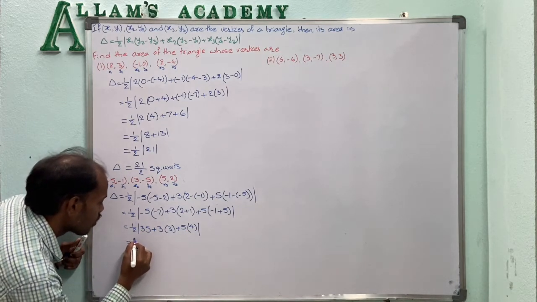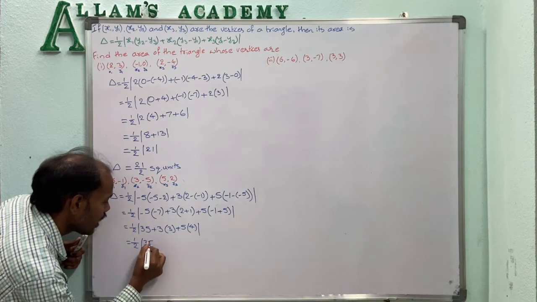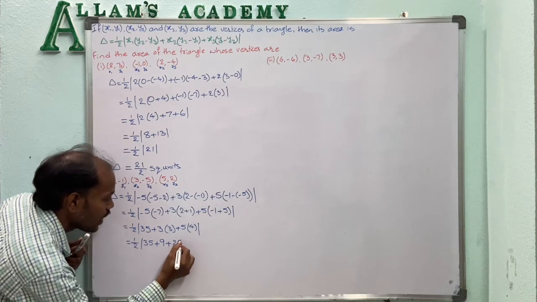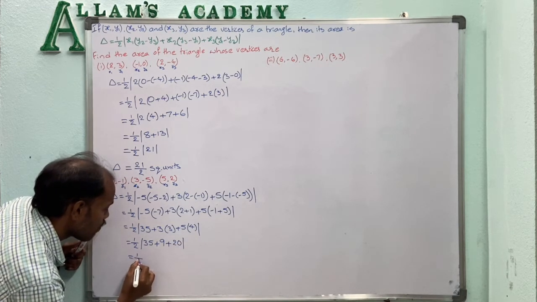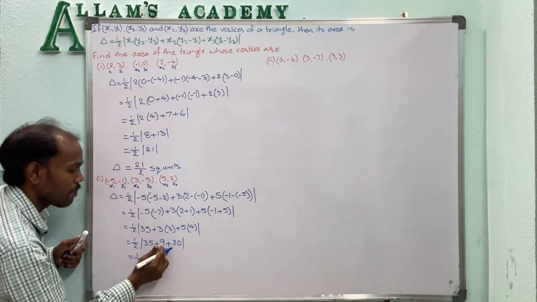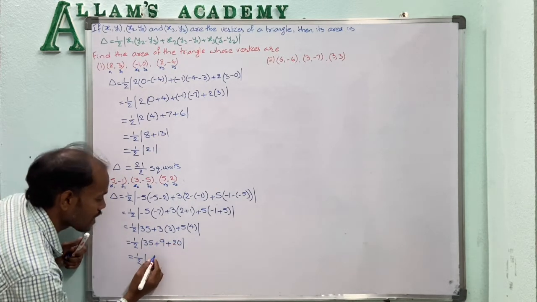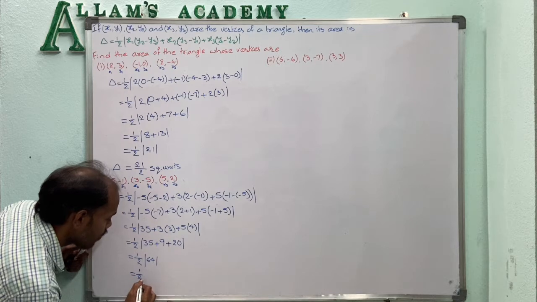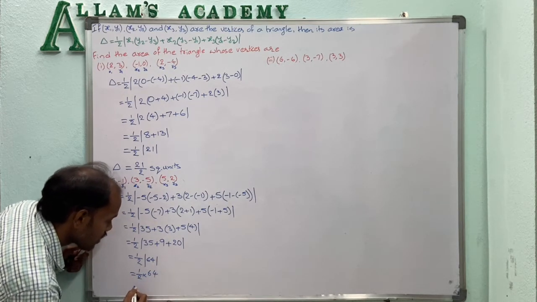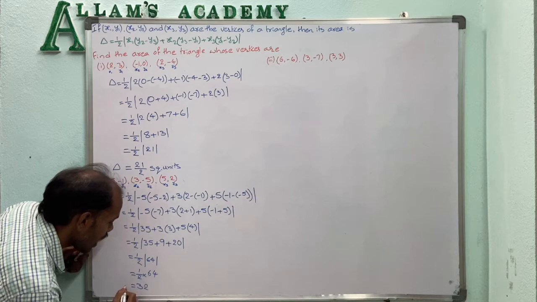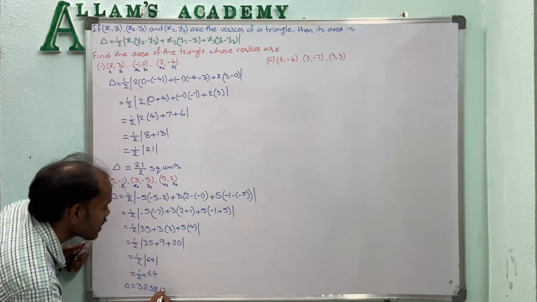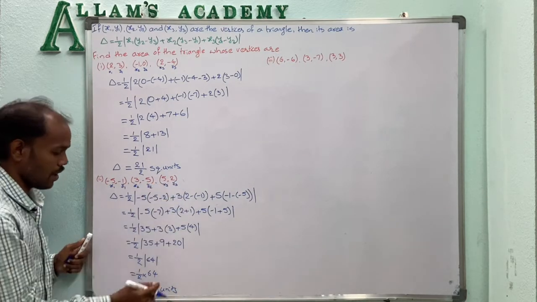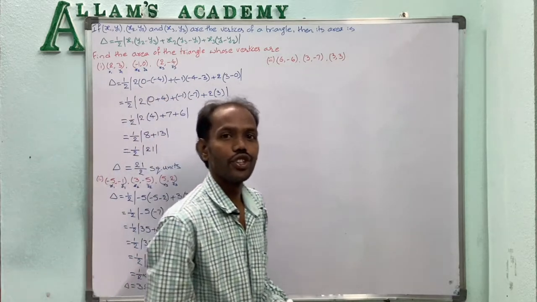So that is half mod 35 plus 3 threes are 9 plus 5 fours are 20. 35 plus 9 is 44, 44 plus 20 is 64. Half mod 64 is half into 64, which is 32. So the area of the triangle with vertices (minus 5, minus 1), (3, minus 5) and (5, 2) is 32 square units.